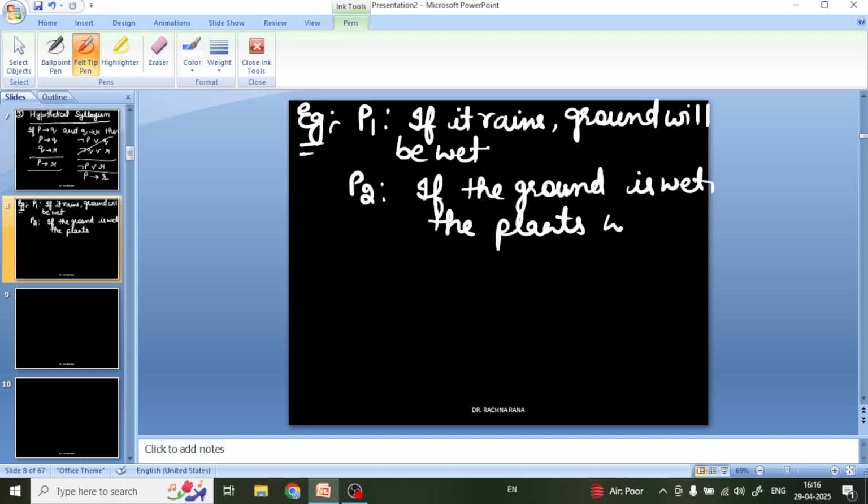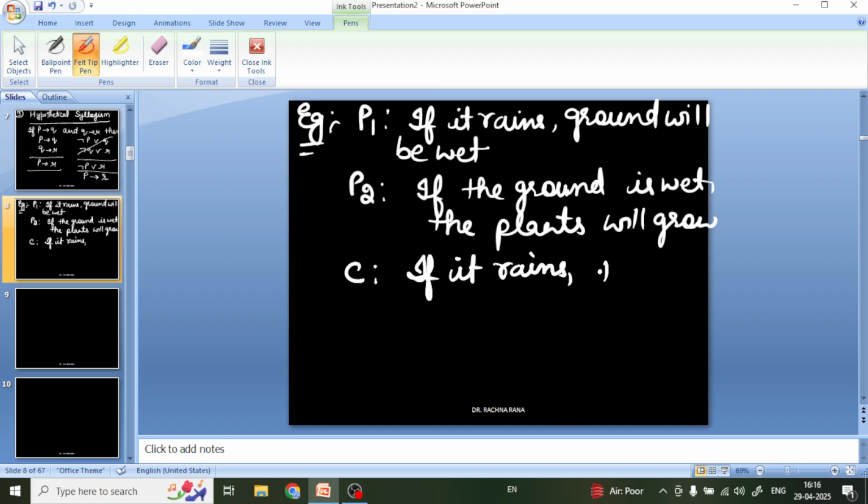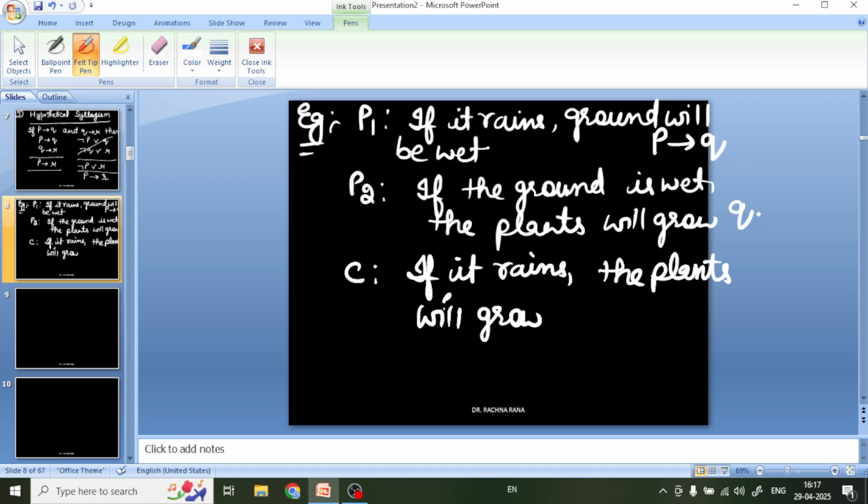The conclusion is: if it rains, the plants will grow. P implies Q, Q implies R, and P implies R is the conclusion.